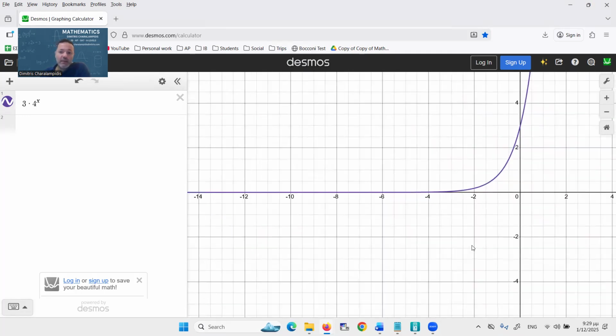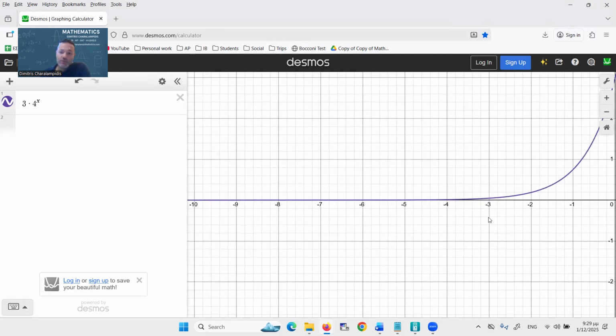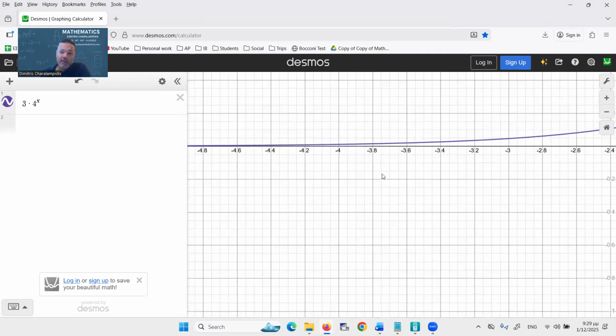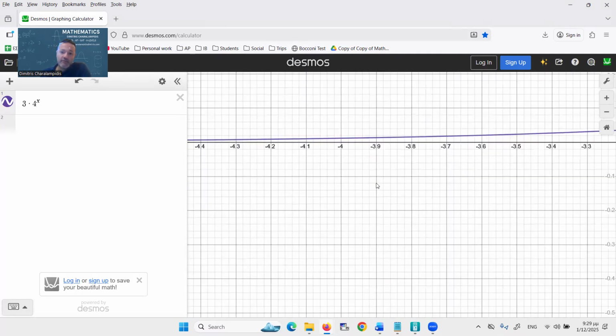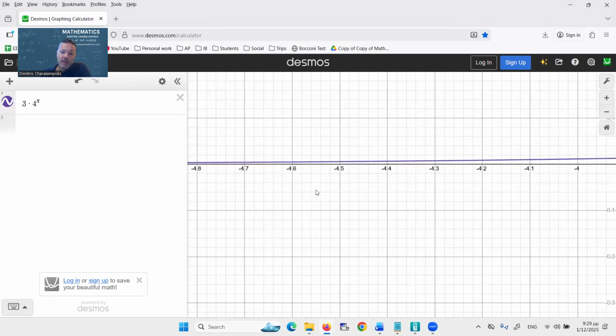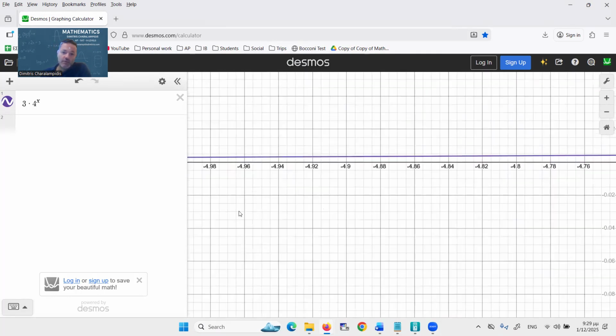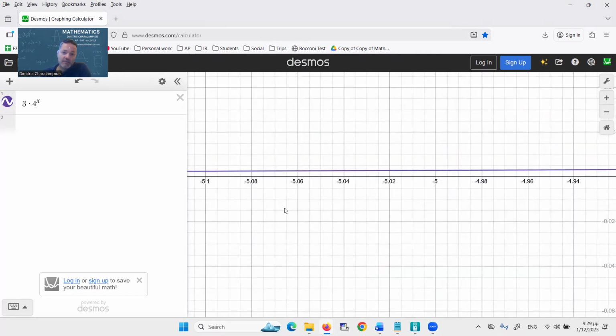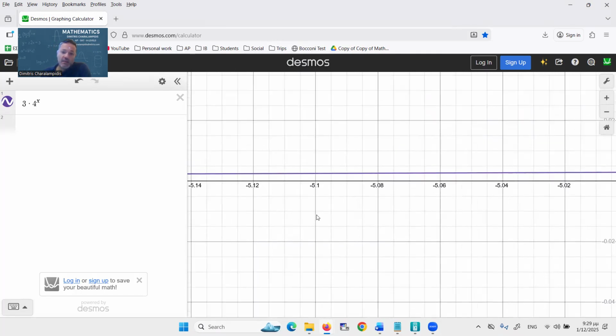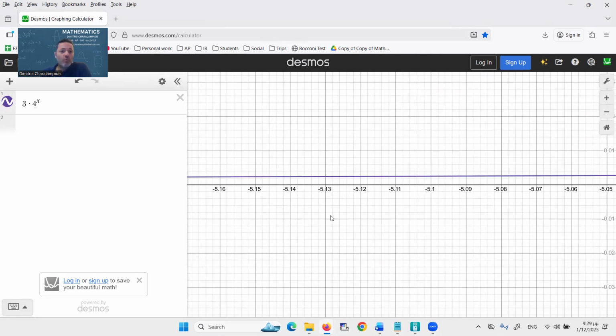Well, this is an illusion, because if we zoom in and keep moving to the left, you will see that it doesn't intersect it at all. So this means that the graph will always be above the x-axis without ever intersecting it.